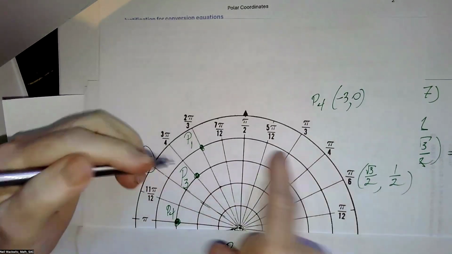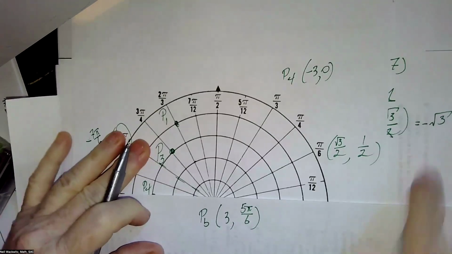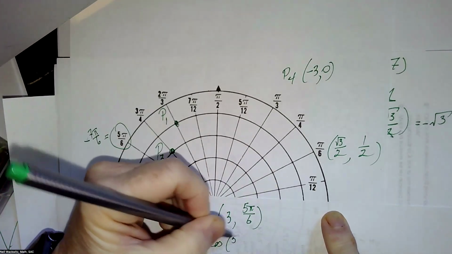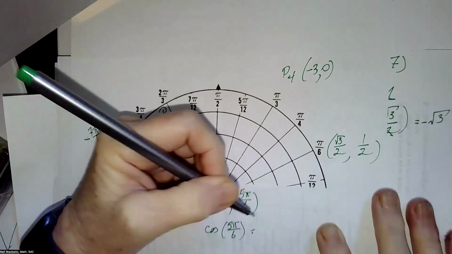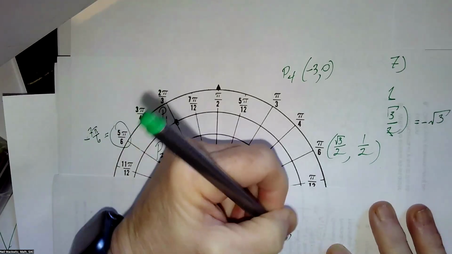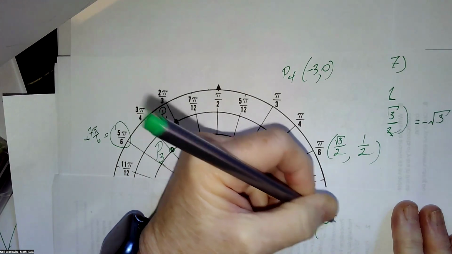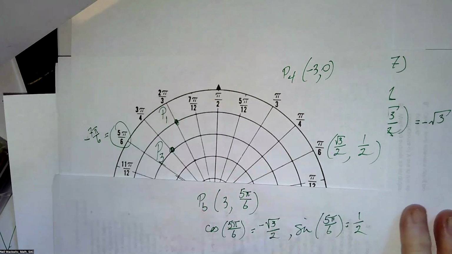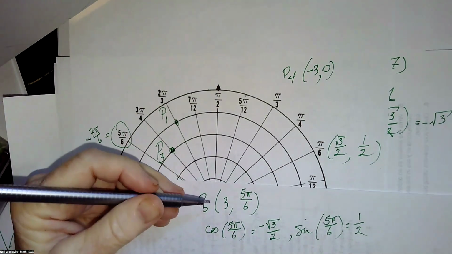Well, in quadrant 2, sine stays positive and cosine is negative. That means that the cosine of 5 pi over 6 is negative square root of 3 over 2, and that the sine of 5 pi over 6 is positive 1/2. And we're multiplying both of those values by 3.